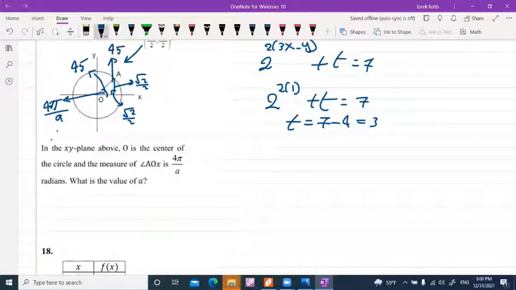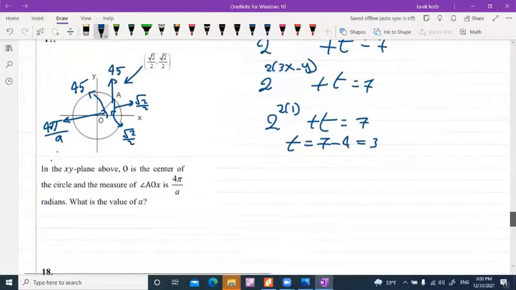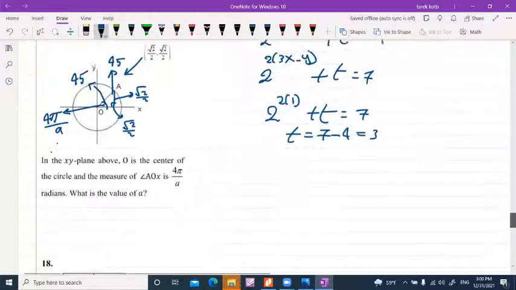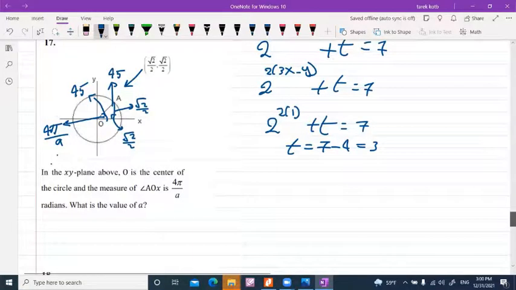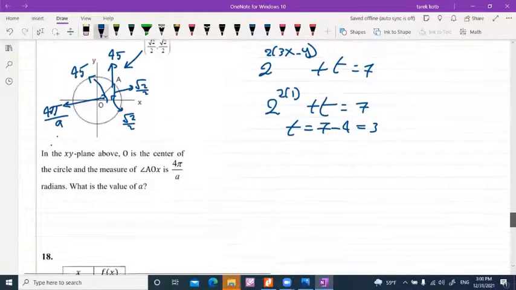This is an isosceles triangle. How did I know? From the coordinate of the point. He mentioned that the coordinates of the point are root 2 over 2 and root 2 over 2, the same. That means if you drop a perpendicular, you'll make a right angle triangle. The x and y, the rise and run, are the same, so it is 45 degrees. 45 degrees in radians means pi over 4.